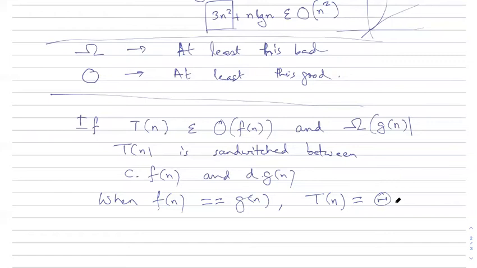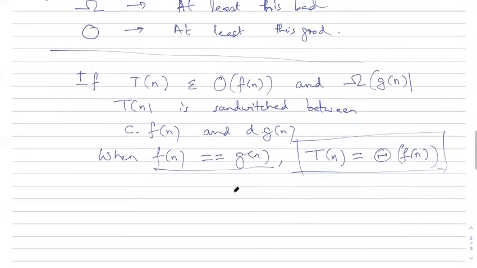So this big theta is the order of the same f of n or g of n, now acting as a bound from above as well as below. Therefore, this is the most basic sort of relationship we wanted to establish.